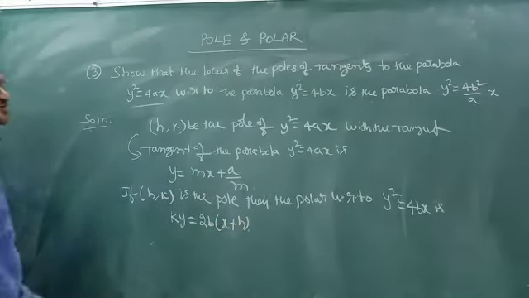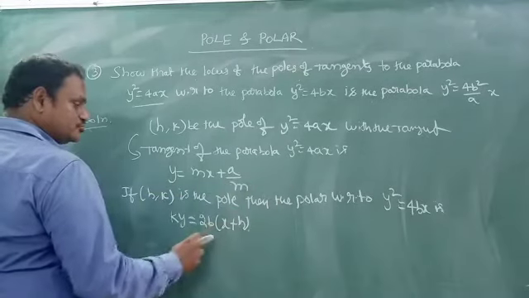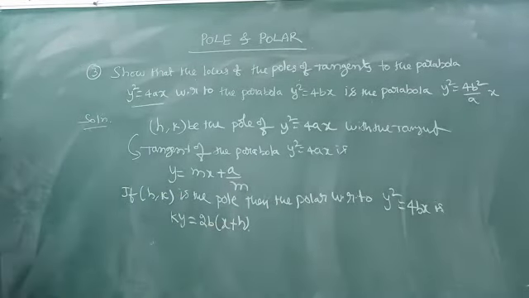If h comma k is the pole, then the polar with respect to this parabola is nothing but this: ky equal to 2b into x plus h.